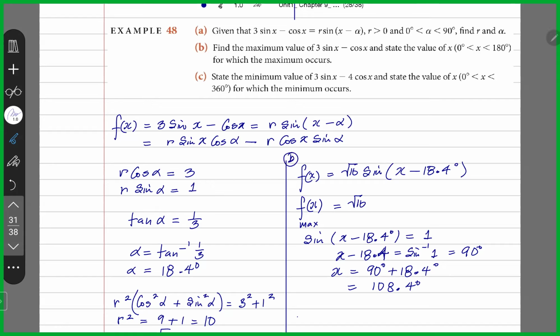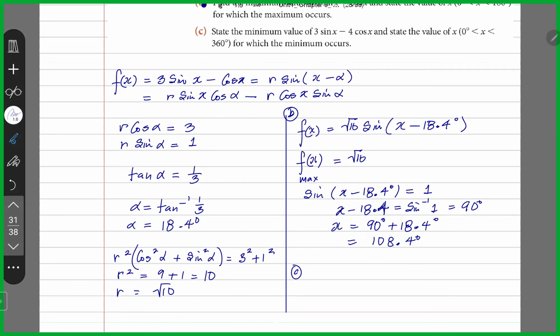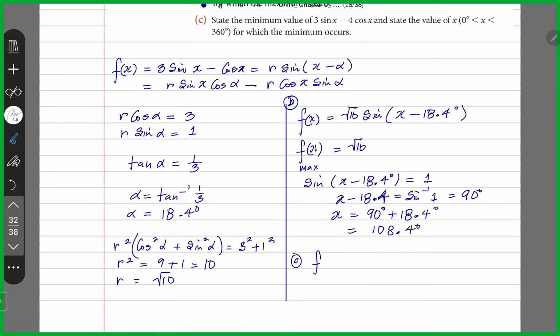Now C is asking us to state the minimum value of f of x. So f of x min occurs when sine(x minus alpha) is equal to minus 1. So it's going to be minus 1 times root 10, which is minus root 10.